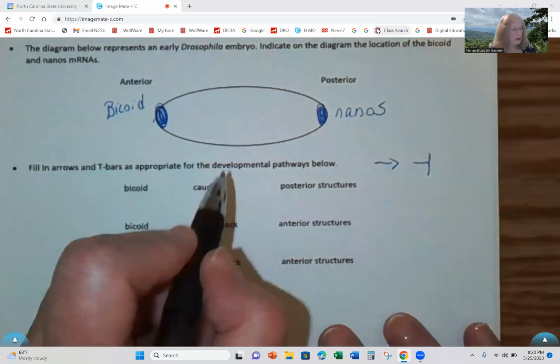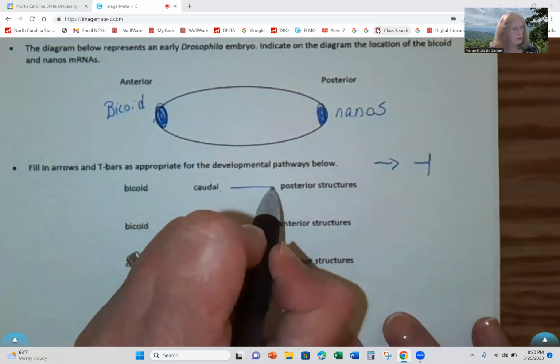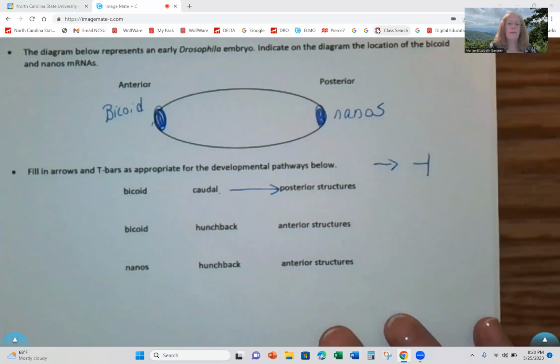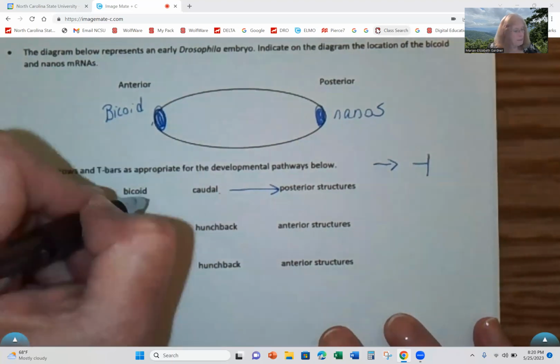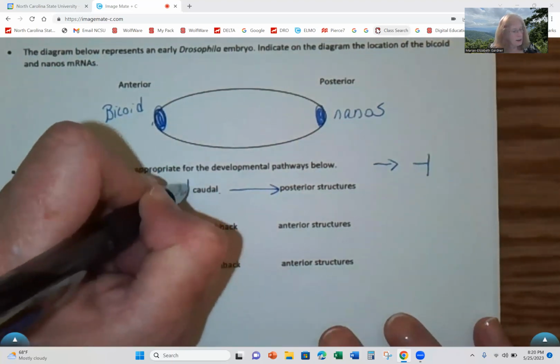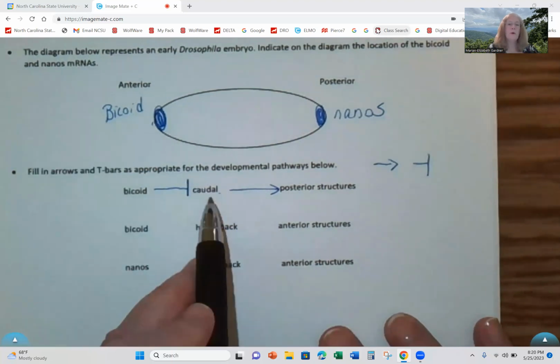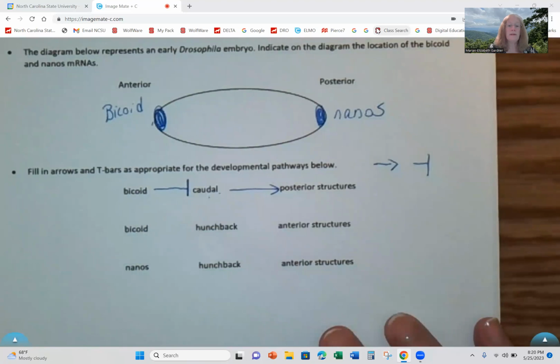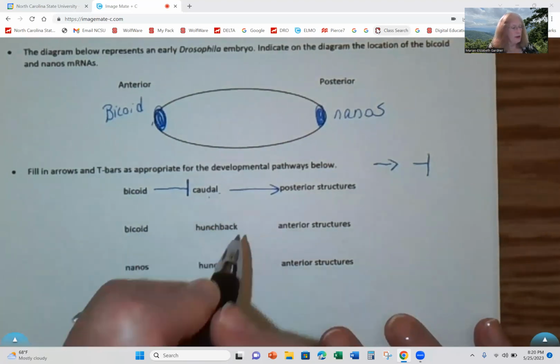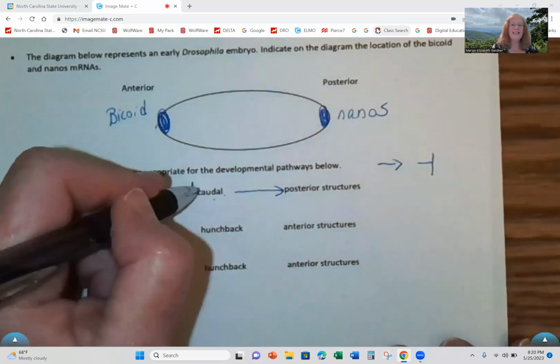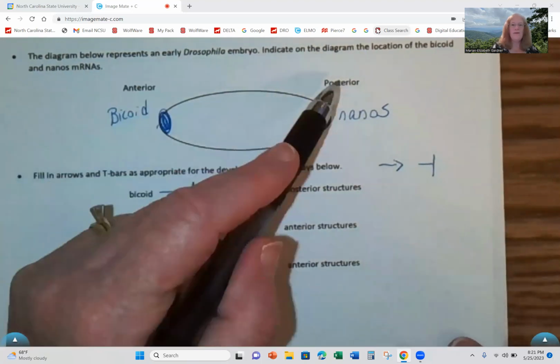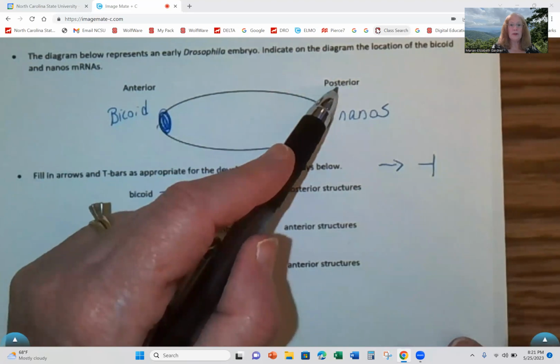So normally, caudal promotes tail structures, but bicoid inhibits the expression of caudal. So this would be a way to write this developmental pathway. From the anterior point of view, and you can remember caudal and tailbone, so that kind of helps you figure that that's going to be something that's in the posterior.